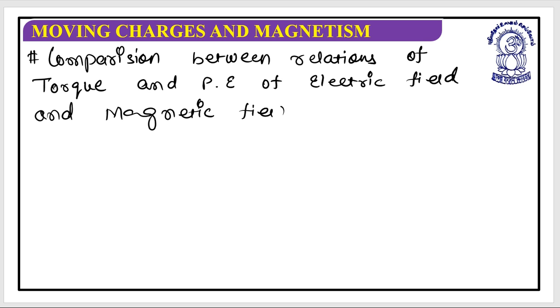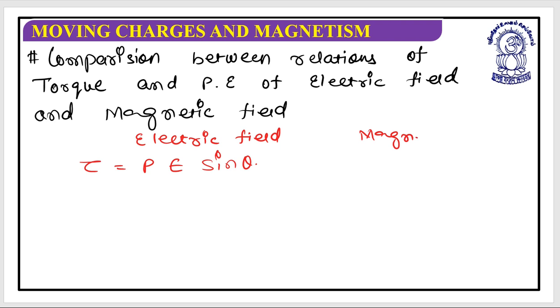In the electric field, torque equals P E sine theta. This is the magnetic field, where torque is equal to mB sine theta.